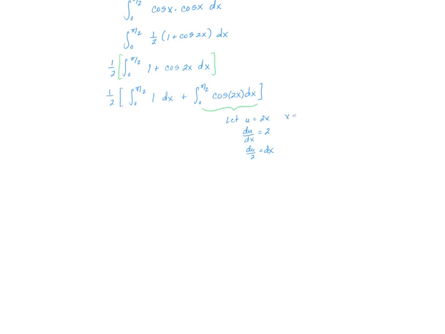If x is equal to pi over 2, then my u, which is just 2x, is going to be equal to pi. If x is equal to 0, then u is equal to 0.